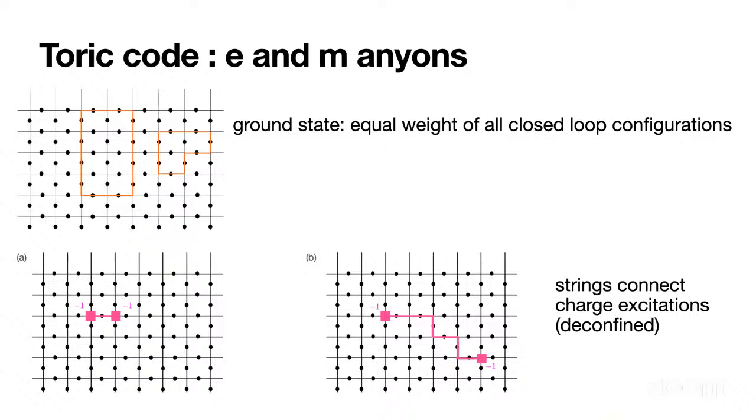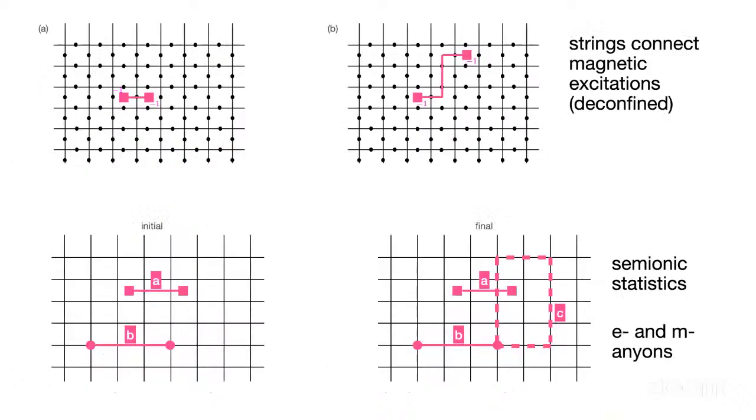I can do the same for the plaquette degrees of freedom, or the magnetic degrees of freedom if you want. So I can flip here one eigenvalue of this spin, then I get a -1 and a -1 here. And then I can move around the plaquette at no energy cost, so it's again a deconfined excitation.